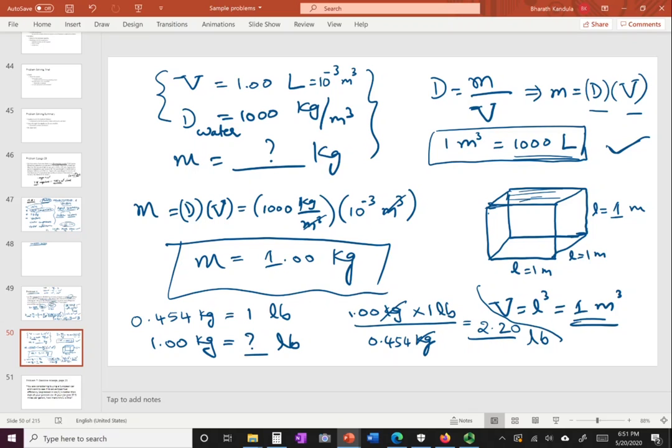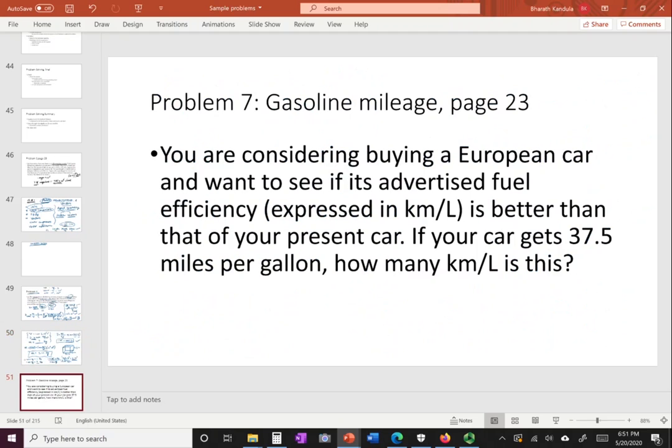Clear? Right. Next problem number 7. You are considering buying a European car and want to see if its advertised fuel efficiency is better than that of your present car. So in Europe people use kilometer per liter for fuel efficiency. In the US people use miles per gallon, right? MPG here.